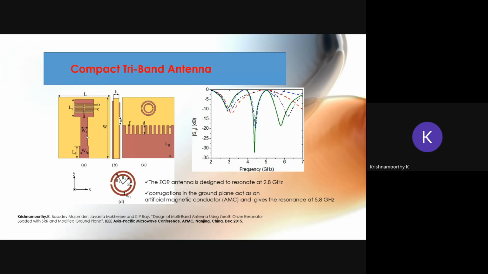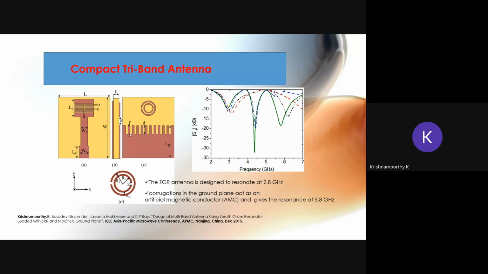Okay, so this is the simple conventional monopole antenna. This monopole antenna is loaded with the metamaterial inspired structures to create the multi-band operation as well as the compactness here.